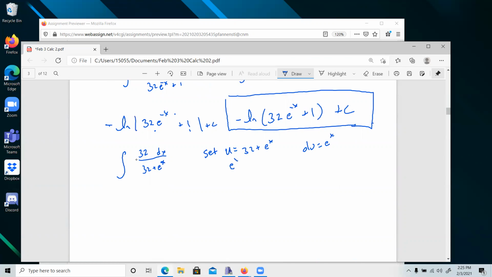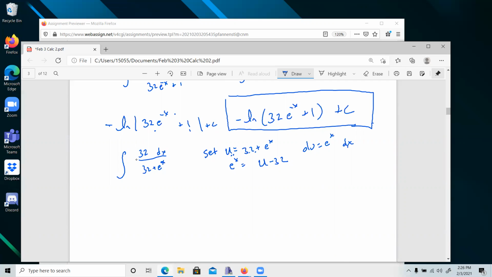But e to the x is equal to u minus 32. Putting that over there. And then we can start substituting other things. So let's see here. du is that dx.